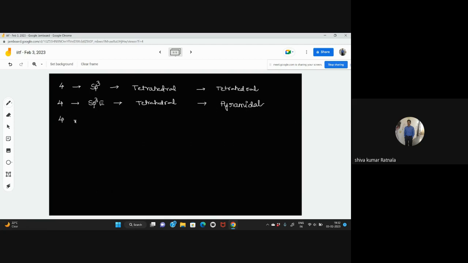If X value remains 4 with sp3 and two lone pairs, geometry remains tetrahedral only, and shape becomes bent shape, V shape, or angular shape.